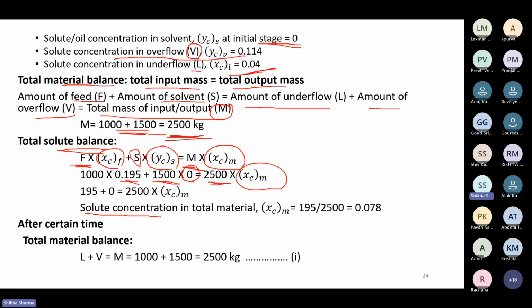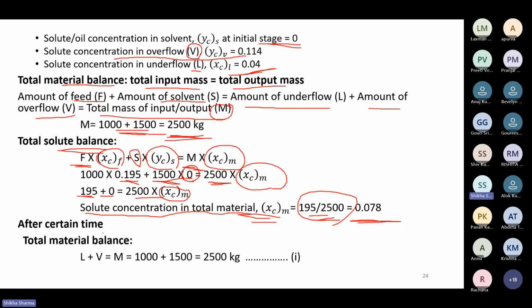So the solute concentration is 195 divided by 2500, which gives 0.078. This is the oil concentration in the total material.